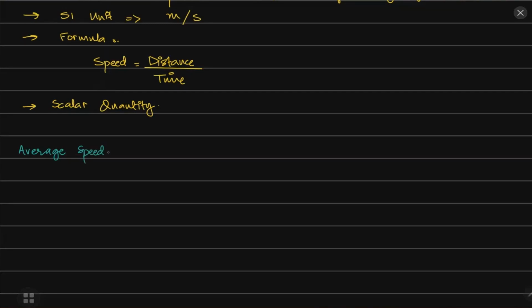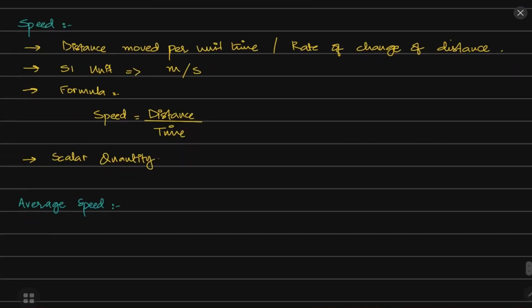There you go. So the speed that we were just talking about above, that was instantaneous speed. All right, or the speed at a given point or a given instant, right? Average speed is basically used to find out the average speed during the entire journey of an object, right?